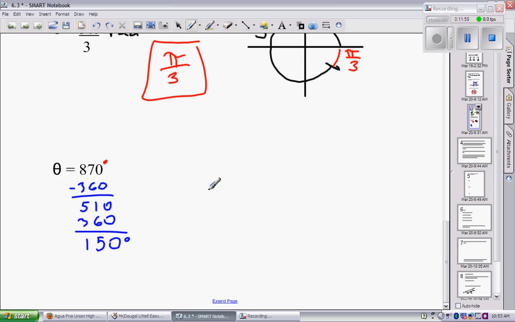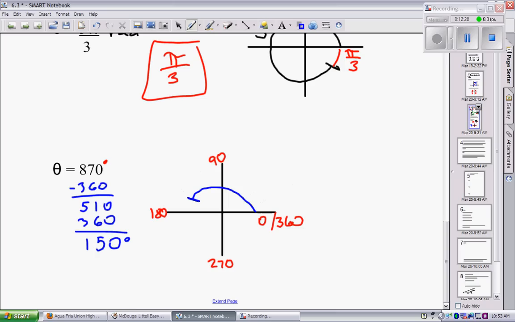We learned the degrees of the unit circle, and it's coming into practice right now. Starting is degree 0, here's 90, here's 180, 270, and then end at 360. 150 falls in between 90 and 180.